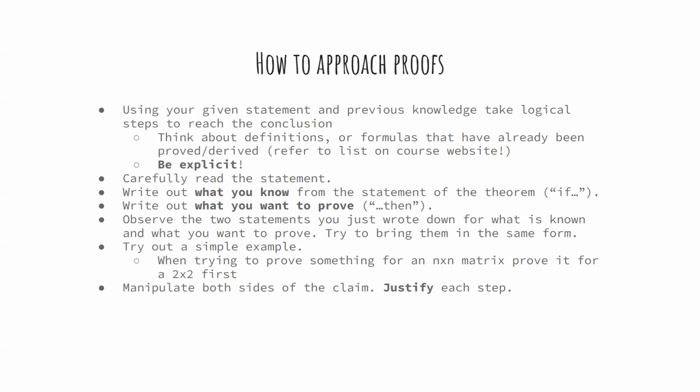You look at your problem statement and at everything that they give you, think about all the definitions and formulas that they've given you, and write down whatever you know in that moment. Then the second step is to write out what you know from the statement of the theorem. So if yada yada yada, and then you write down exactly what you want to prove, and you're trying to bridge that gap.